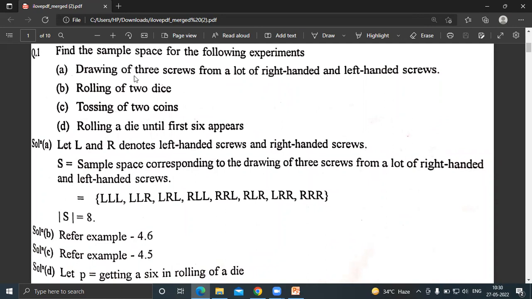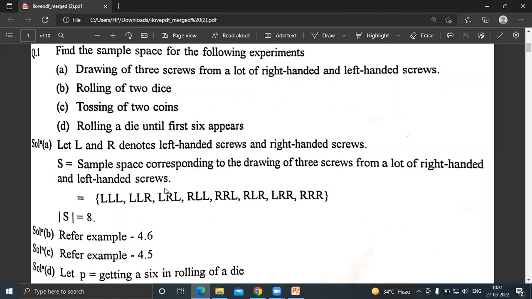So here the question is drawing of 3 screws from a lot of right-handed and left-handed screws. If I denote capital L for left-handed screws and capital R for right-handed screws, how does my sample space look?